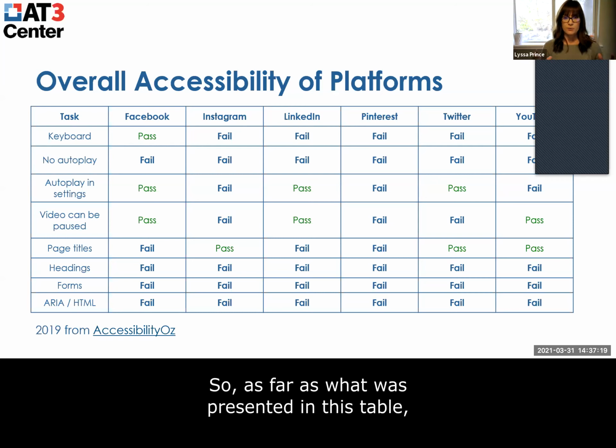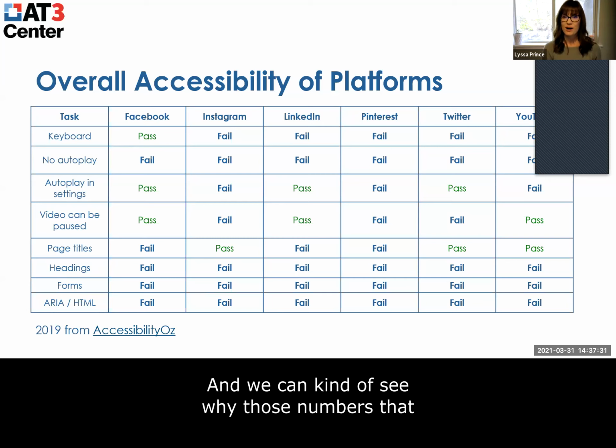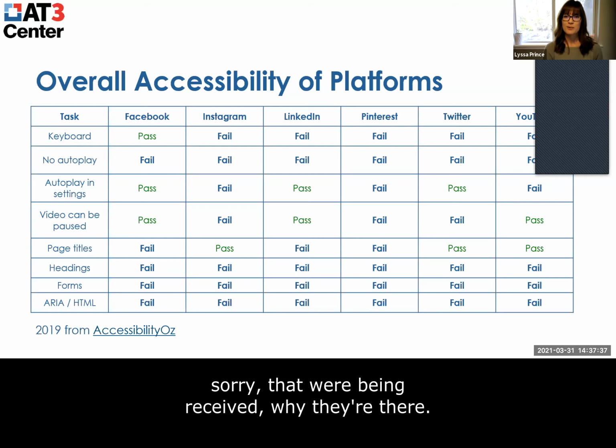So as far as what was presented in this table, we see a lot more fails than we do passes. The majority of them are actually fails. So that doesn't seem really great, and we can kind of see why those numbers that WebAIM received are there.